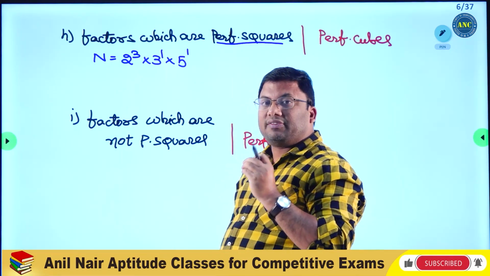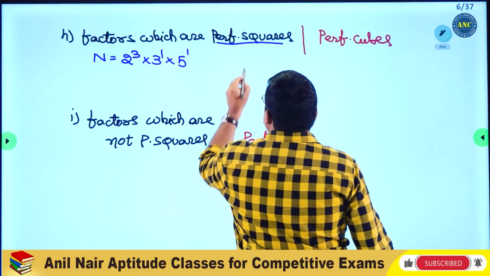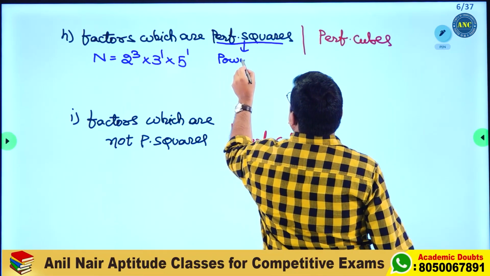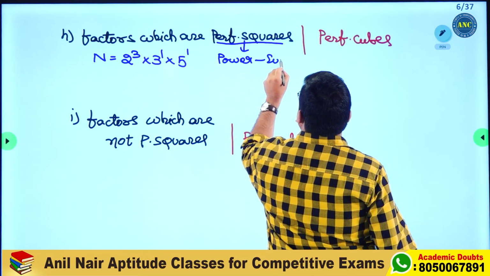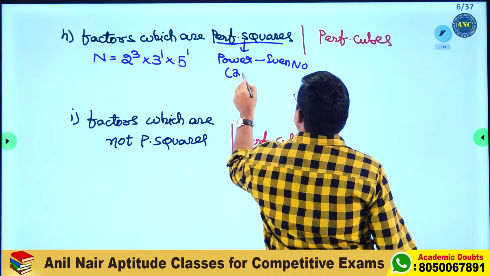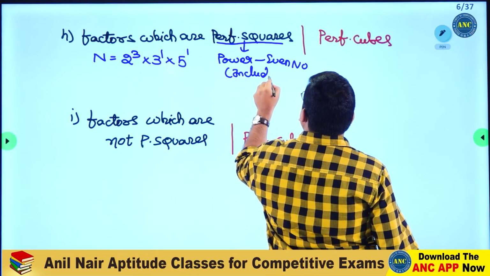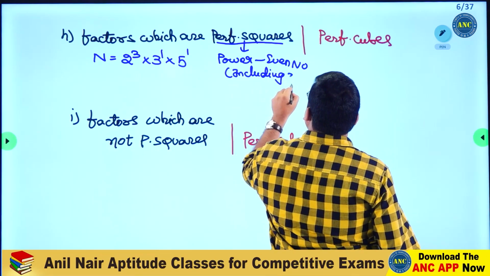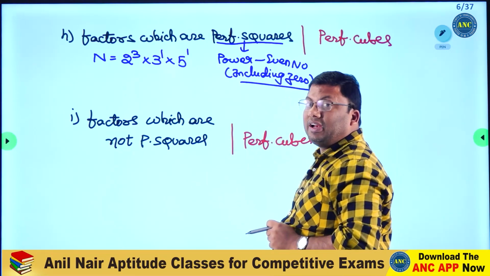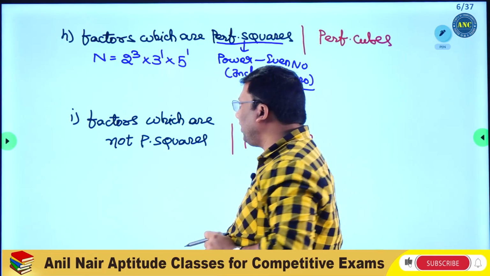How to find out the factors which are perfect squares? In a perfect square, the power will always be an even number, including 0. 1 is a perfect square for every number.